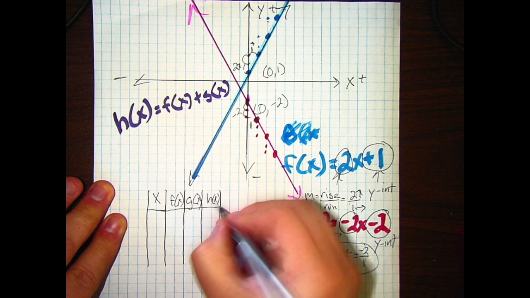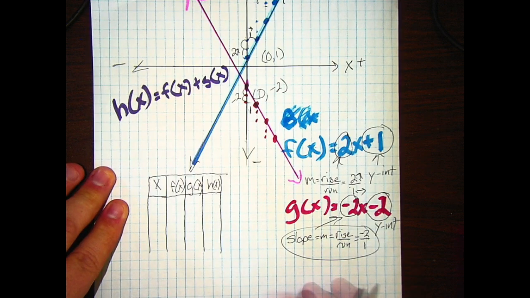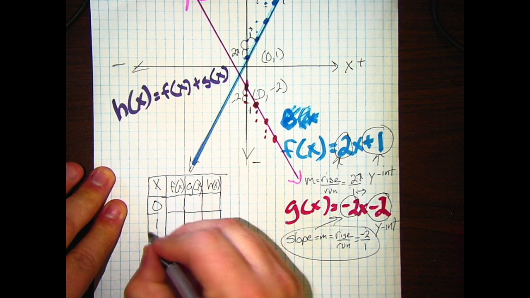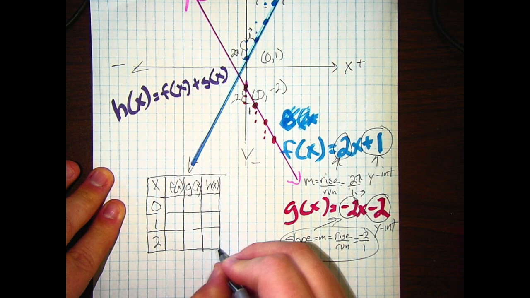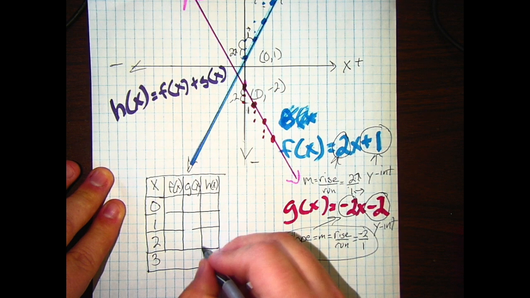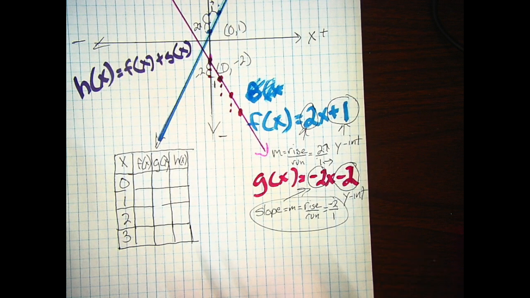Let's start with when x equals 0, 1, 2, and 3, and see if there's a pattern. Then I'll show you how the values and the patterns all come together.